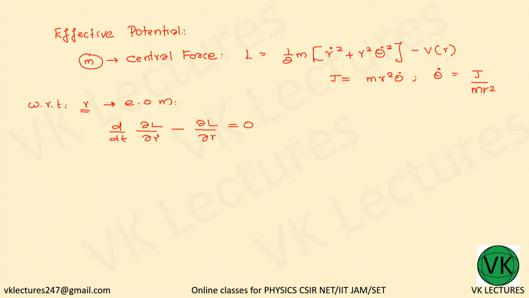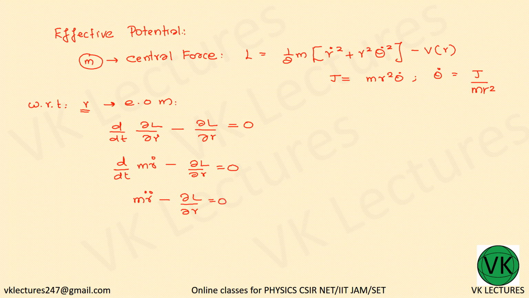So this is equal to d by dt of m r dot minus dou L by dou r equal to 0, that is m r double dot minus dou L by dou r equal to 0.